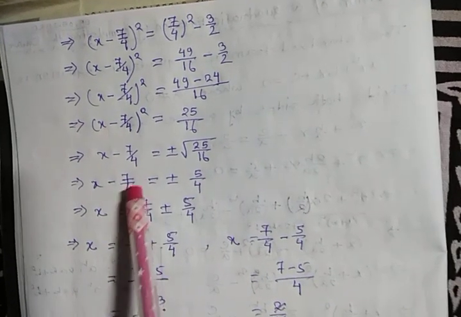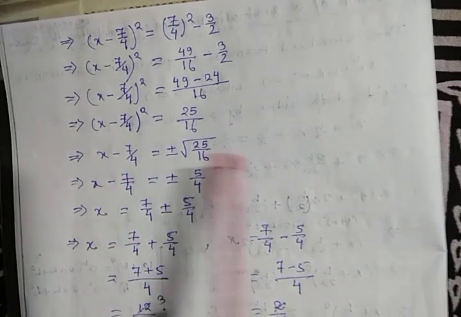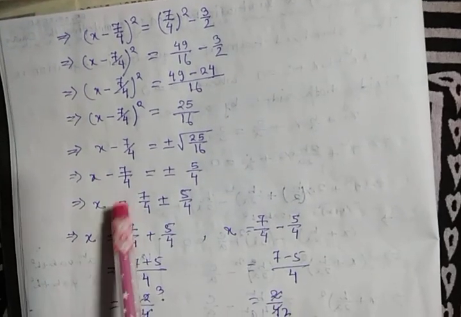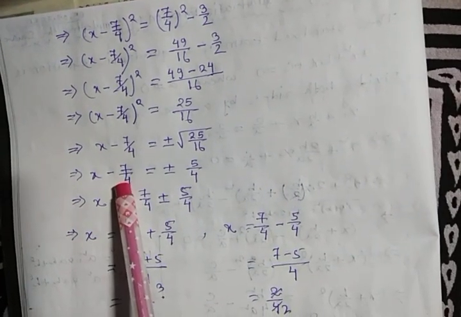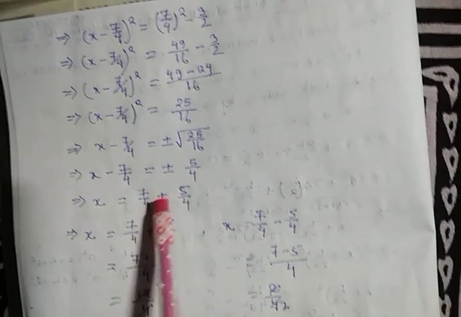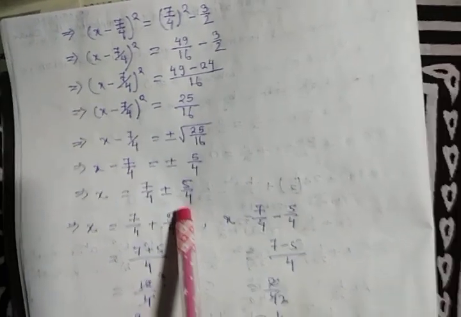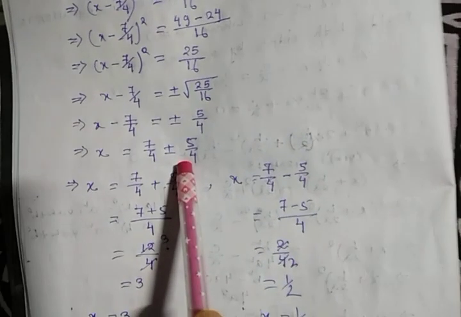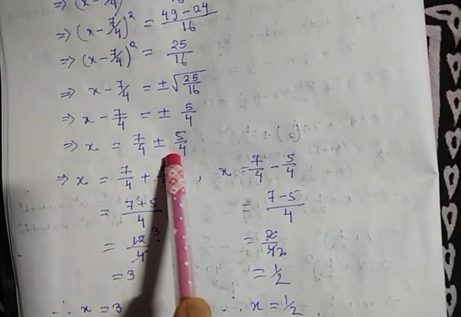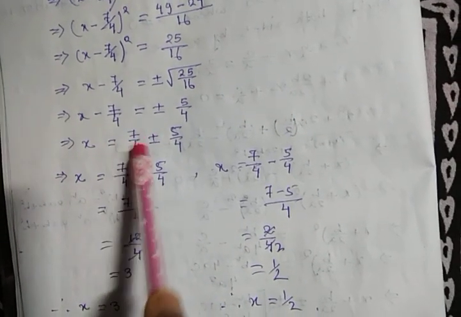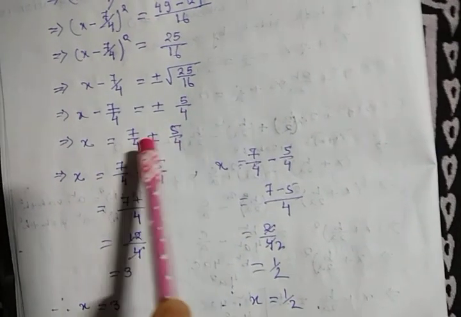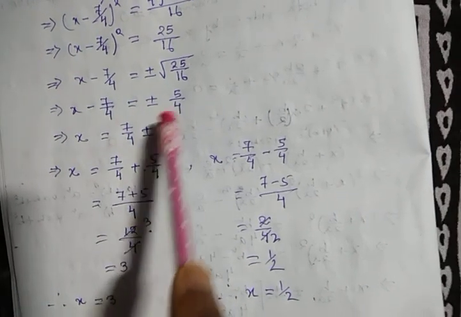Now we will send 7 by 4 from the left side to the right side. So x is equal to 7 by 4, which is negative here, so it will become positive 7 by 4 plus minus 5 by 4. Now here two values are there. x equal to 7 by 4 plus 5 by 4 and x equal to 7 by 4 minus 5 by 4.